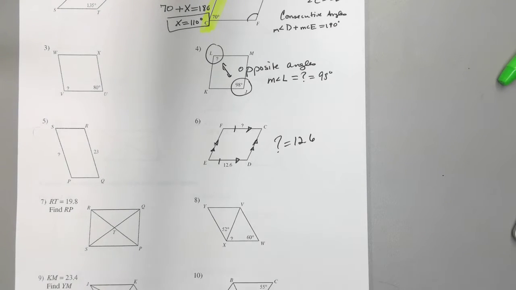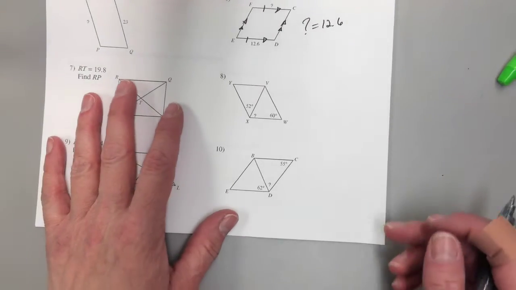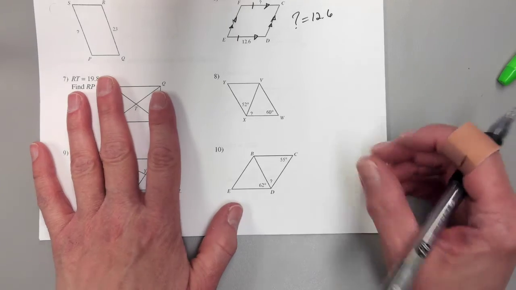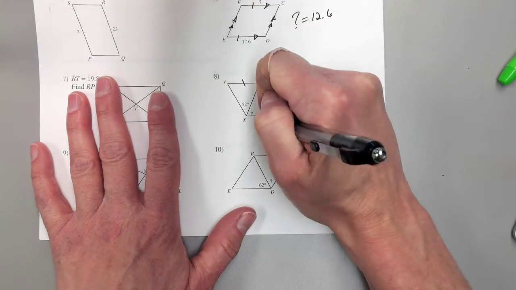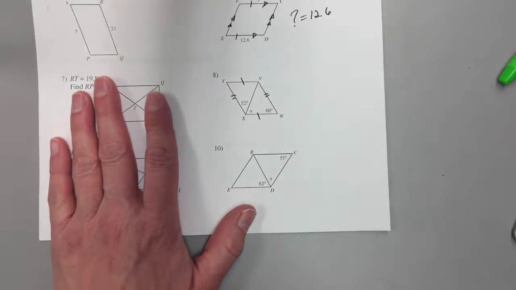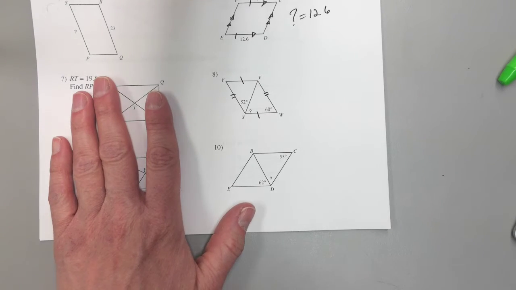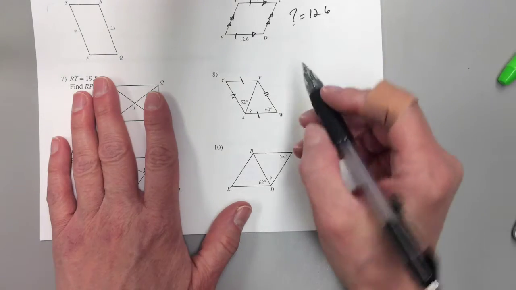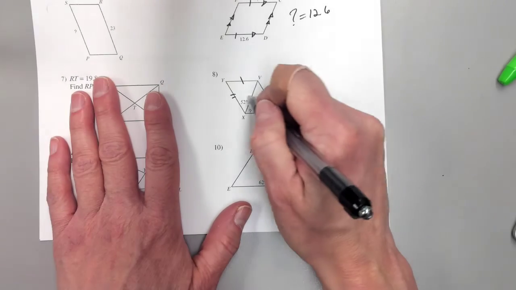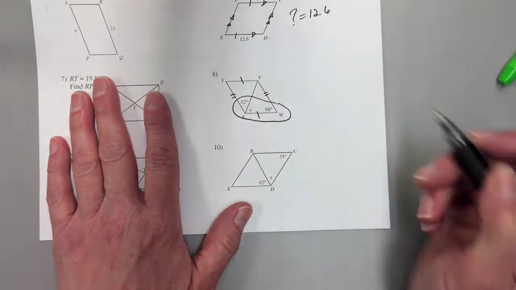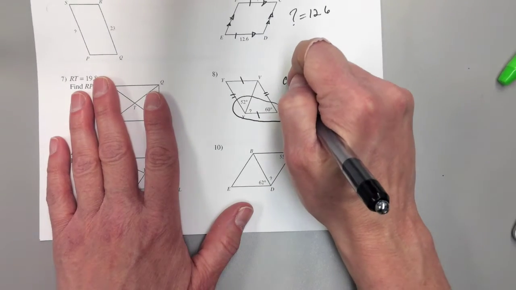All right, moving on to number 8. So let's take a look at number 8. I'm going to scoot this up. Now, number 8, I know that your eyes are seeing two triangles, but I also hope that your eyes are seeing a parallelogram, a nice skinny little slanted parallelogram. So what we know about this parallelogram is that consecutive angles are going to be 180 degrees.